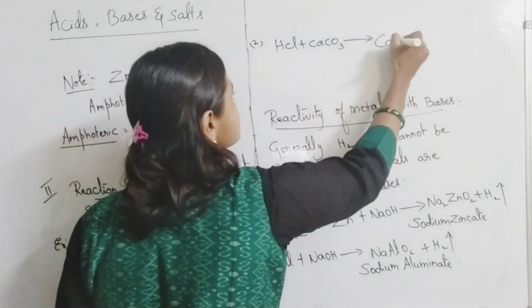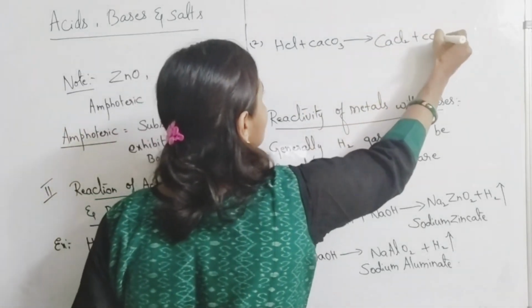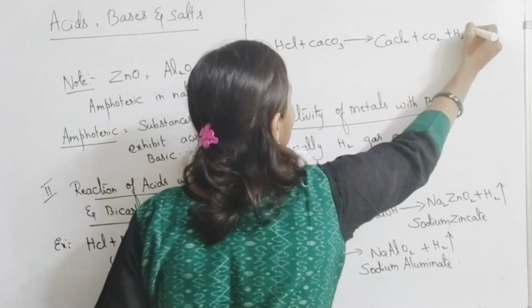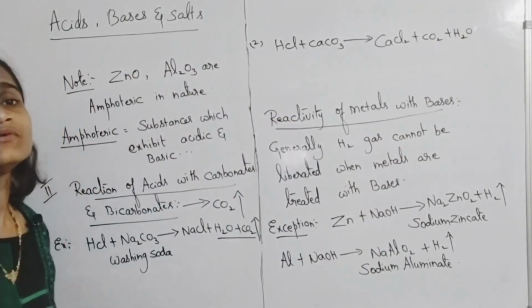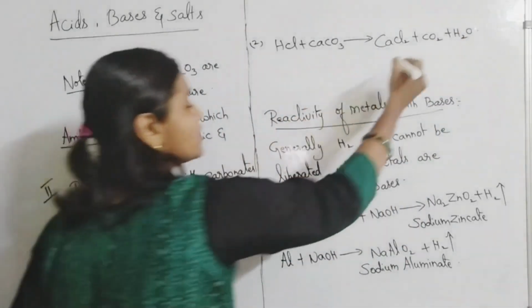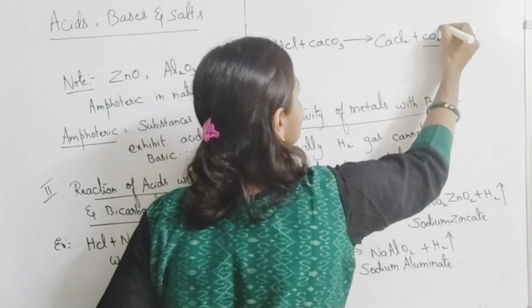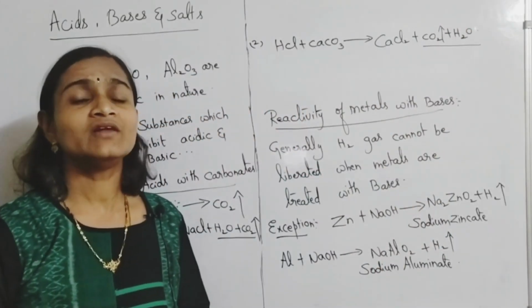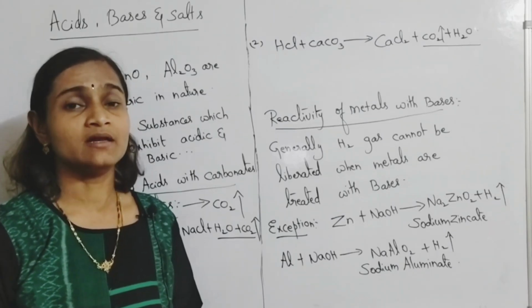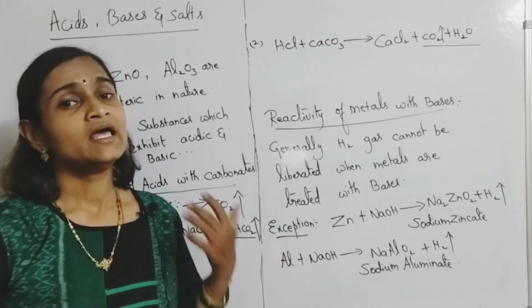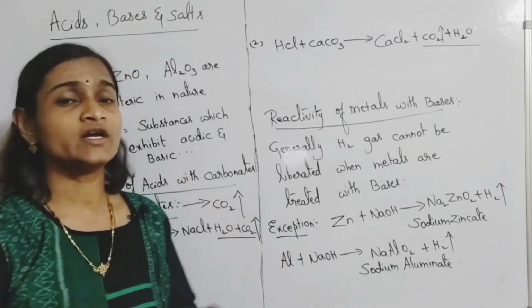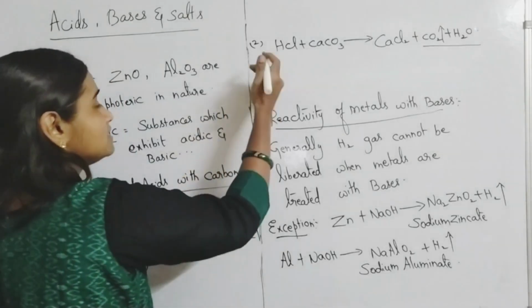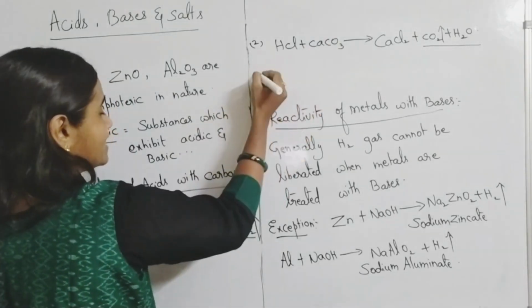So like this, the standard products you are going to get are CO2 and H2O, and the gas liberated is carbon dioxide. And you might have learnt about the test for carbon dioxide. Carbon dioxide turns lime water milky. So that is a test for carbon dioxide gas.